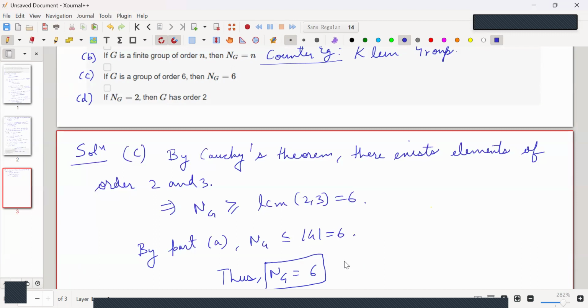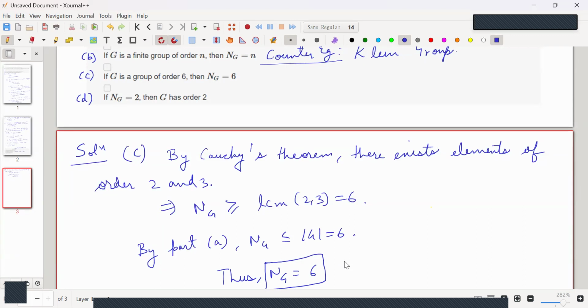There is no non-abelian group of order 4. For order 5, it is cyclic, just one possibility. The first non-abelian case comes for order 6. There are just two possibilities. Then for order 7, it is again prime, so it has to be cyclic. For order 8, there will be two cases, abelian and non-abelian. I leave it to you to check how many non-abelian and abelian groups there are.